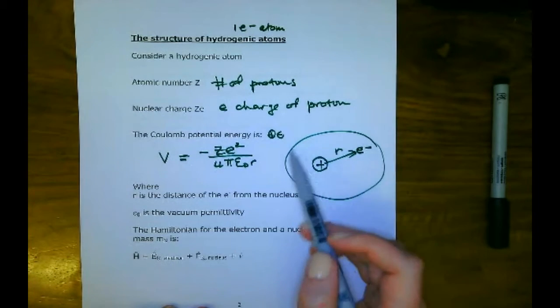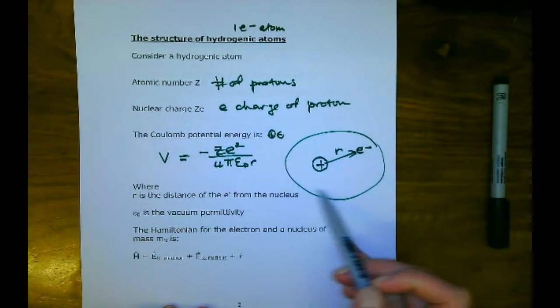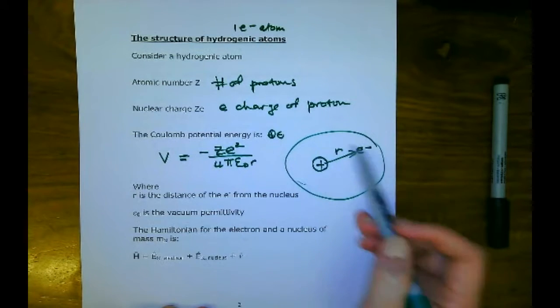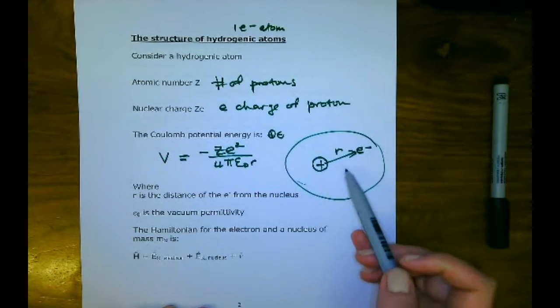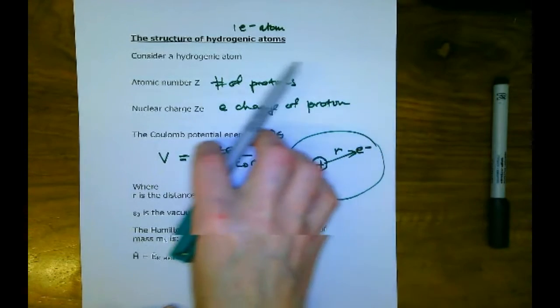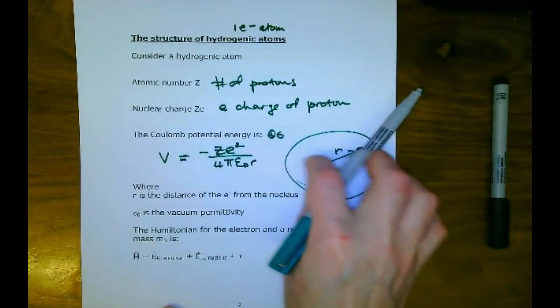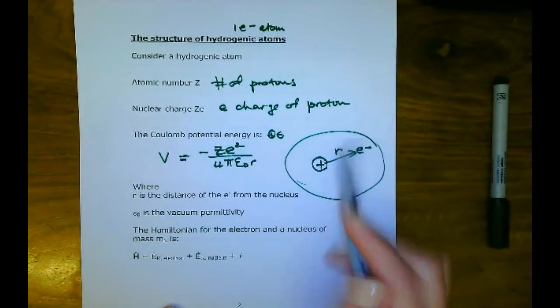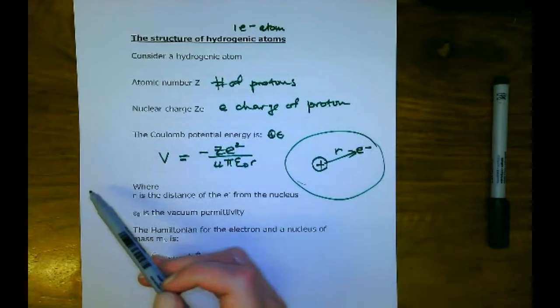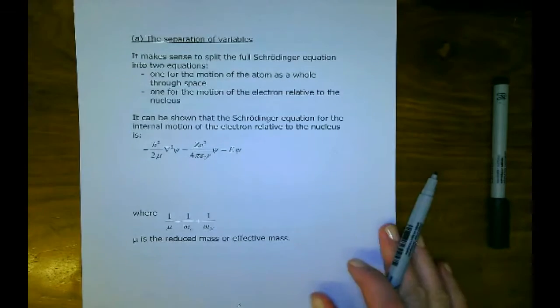Now remember, if this is your atom, you have the motion of the electrons, or the one electron in this case, moving around the nucleus, but your atom itself may also be moving or translating, which will be described by the particle in a box system. So you have this motion, and the atom itself might be moving as well.